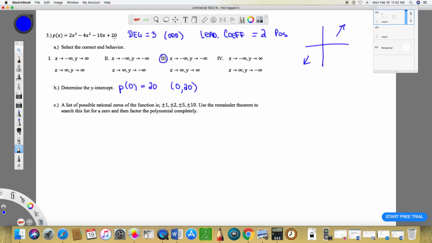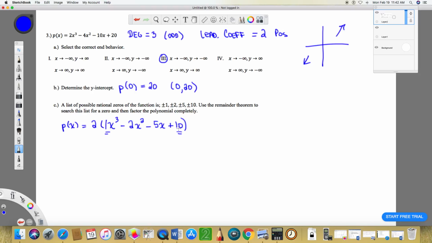I notice that all of these are even numbers, so I can factor out a 2. And we'll want to do that because the list that we generate uses the constant term and the leading coefficient.